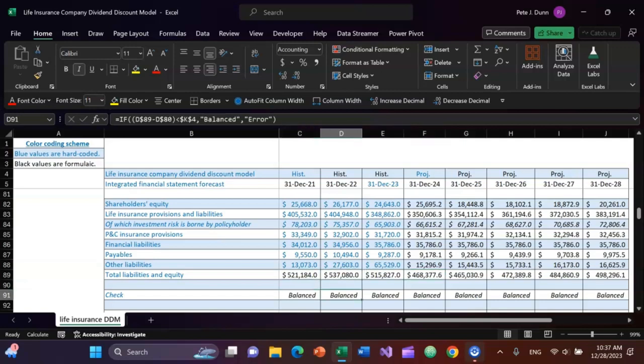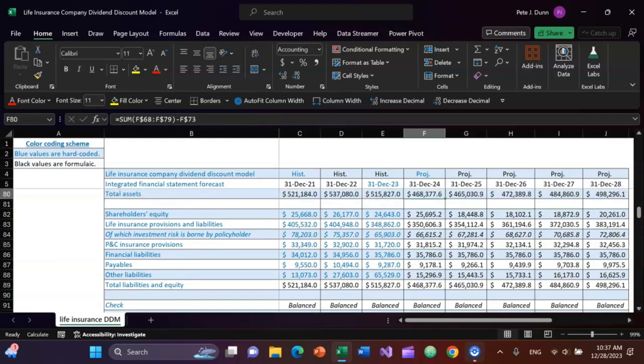Another good thing to check is to see if your balance sheet balances. To do that, I have an if statement where if total liabilities and equity minus total assets is less than K as in kilo 1, so less than $1, that's close enough for me to where I'll say that's balanced.